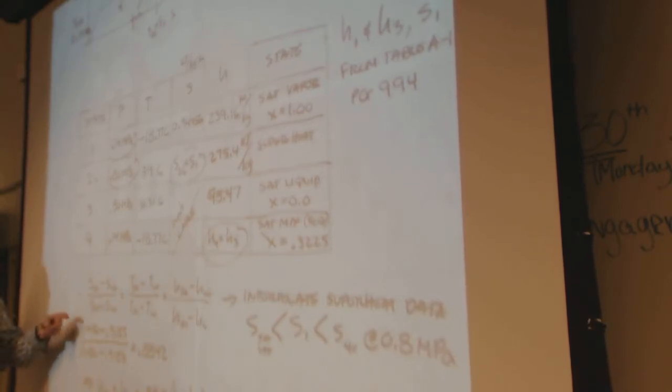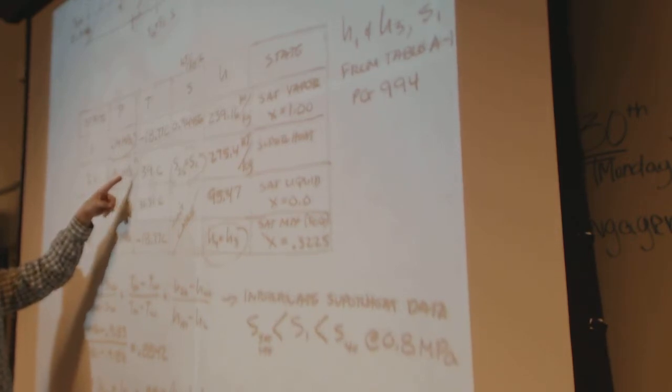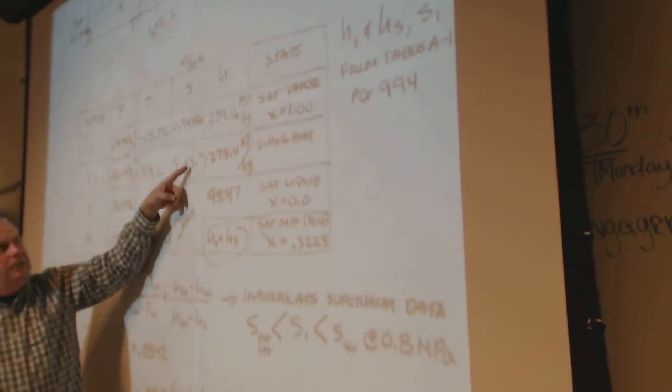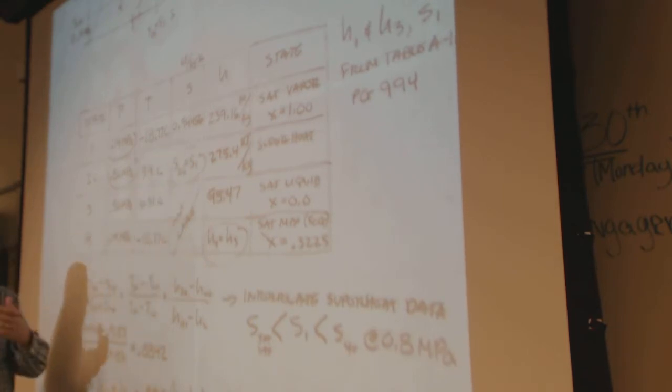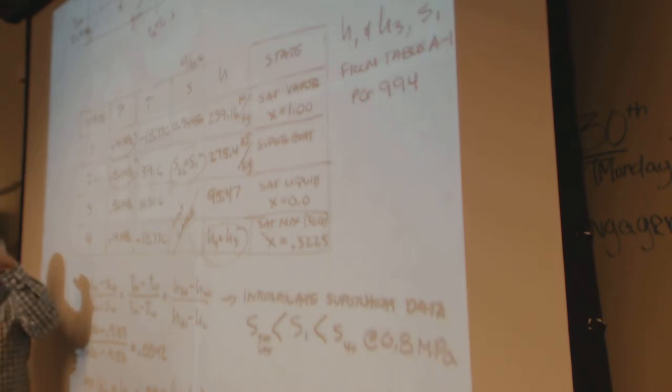Based on the data at this pressure, I found that this value of entropy was between 2 temperatures. Now we're interpolating between a value where it's above and a value where it was below.